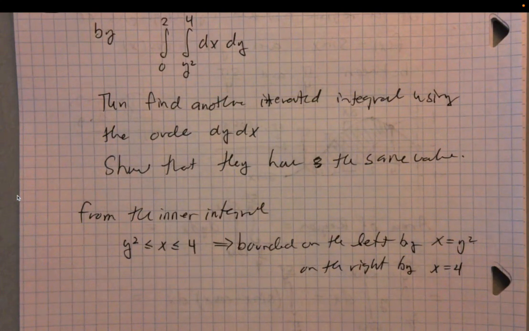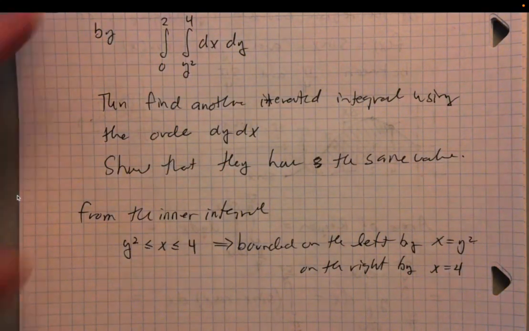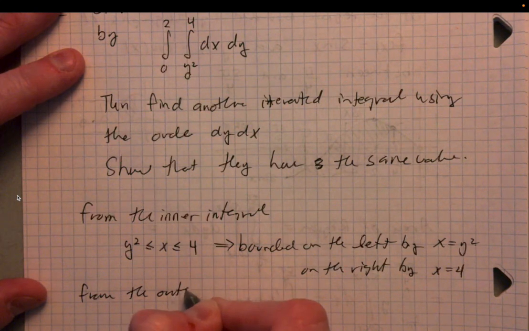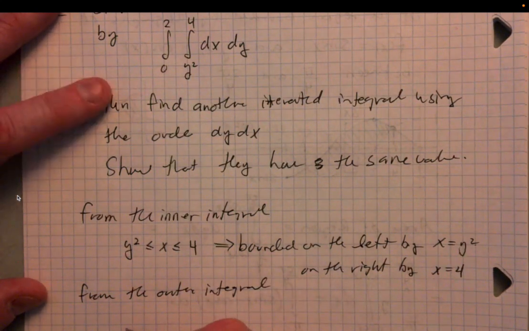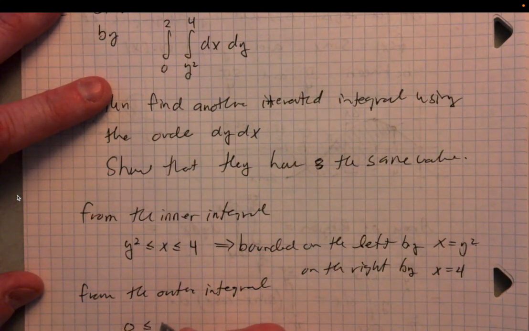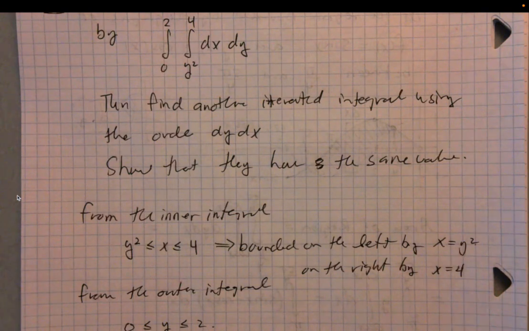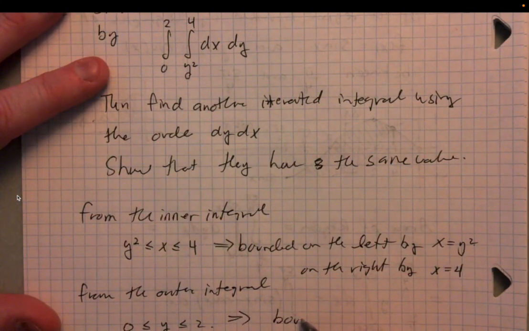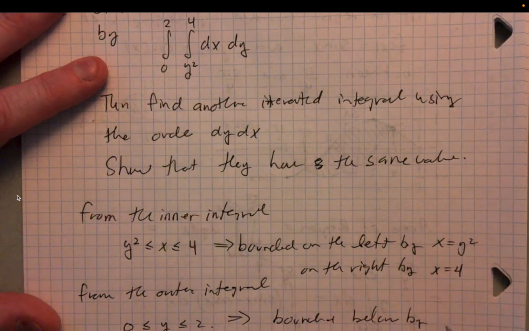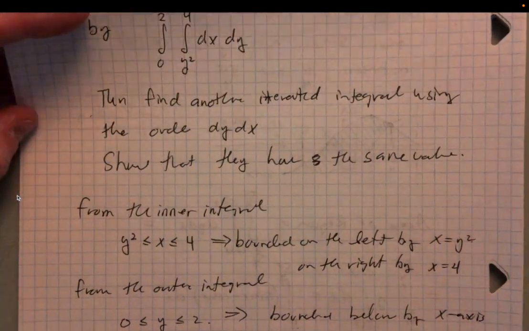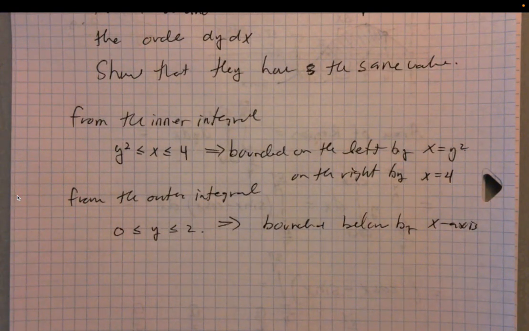And then the outer integral tells us that y is going to be between 0 and 2, which means that y is bounded below by the x-axis, and of course it's bounded above by the line y equals 2. All right, so let's try to draw this thing.